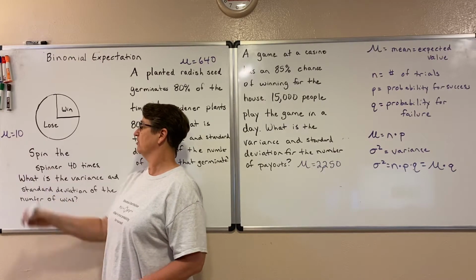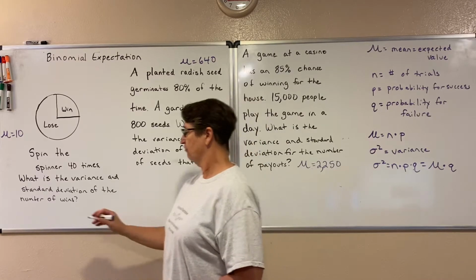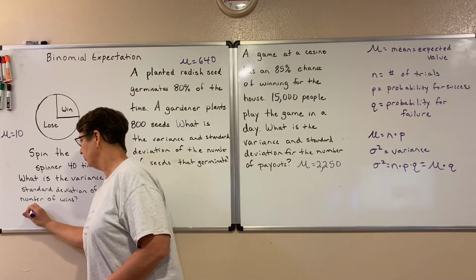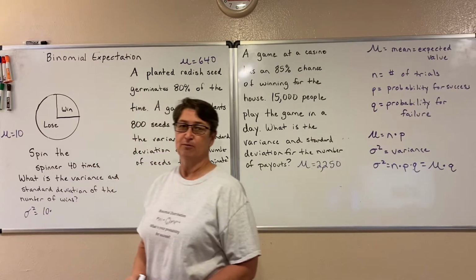In this case, I already found that the expected value was 10. So to find the variance, we take that 10 and multiply it times our probability for failure.